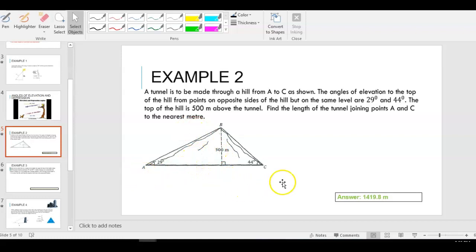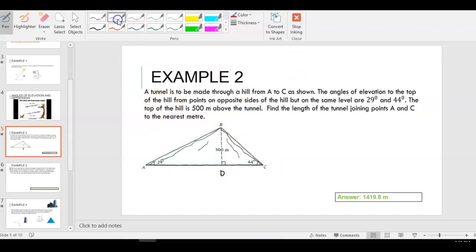To find AC from the given information here, we have to divide this into two different triangles. Let's label this point D here. So triangle ABD and triangle BCD. Let's look first at the triangle ABD.